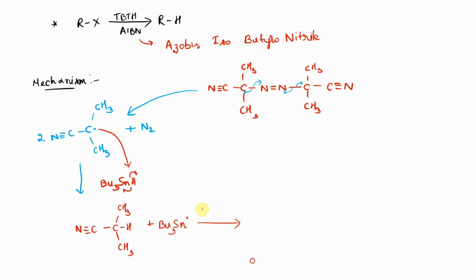an alkyl halide group, RX. So once this free radical attacks the species, we obtain an alkyl free radical R dot along with the formation of tributyl tin halide, which is then treated with the hydride released through one more molecule of tin hydride, Bu3SnH, leading to the formation of RH.